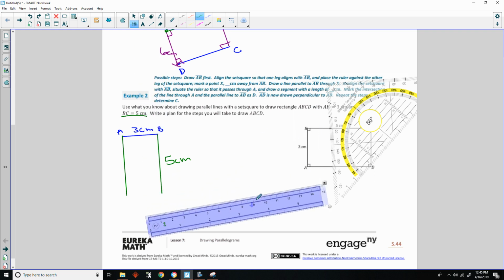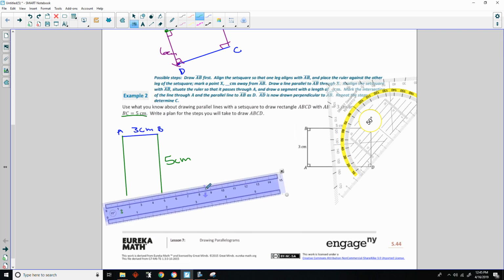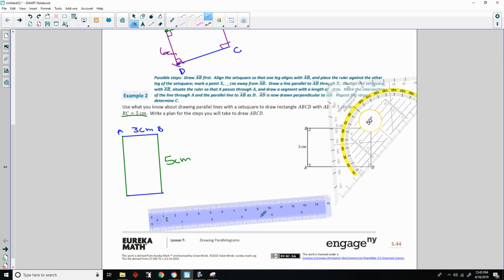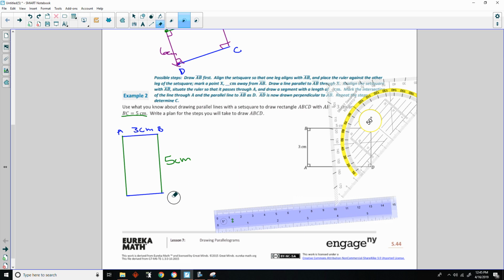Since these are both 5, all I'd have to do now is connect these 2 ends. And there is a rectangle with 90-degree corners, obviously if it's a rectangle. And this is 3 centimeters by 5 centimeters.